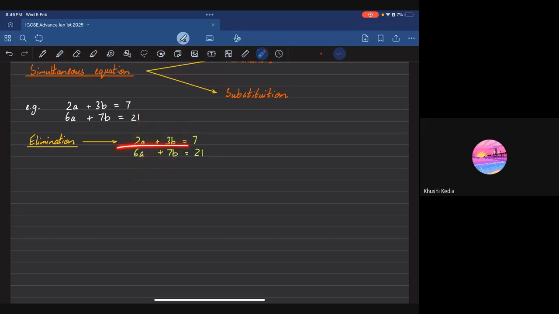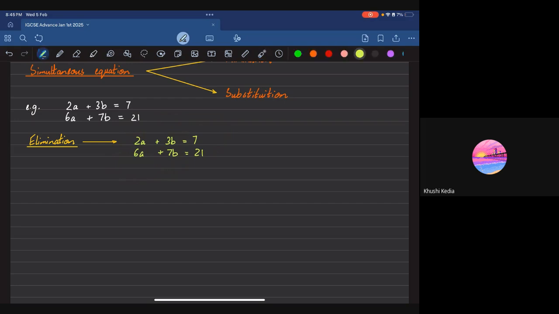Even if I subtract one equation from the other, they're still not cancelling out because they're not of equal value. 6a minus 2a is equal to 4a. You're just going to be still left with a remainder, 3 and 7 also. So you need to see which variable you can actually convert to the other so that you can make them both the same and they'll cancel each other out if you perform some sort of function on the equation.